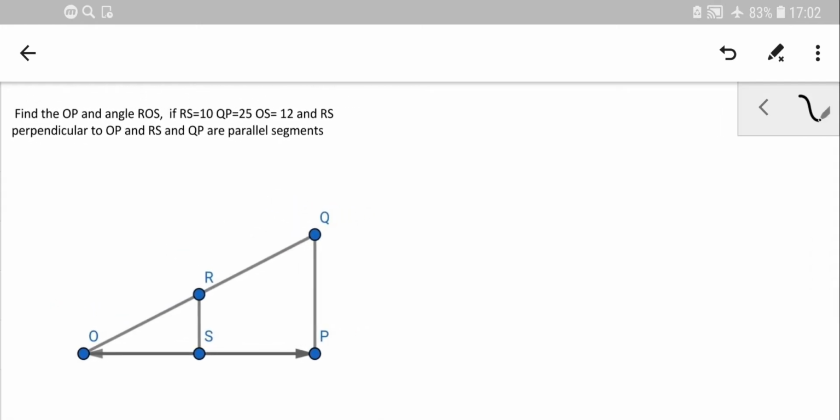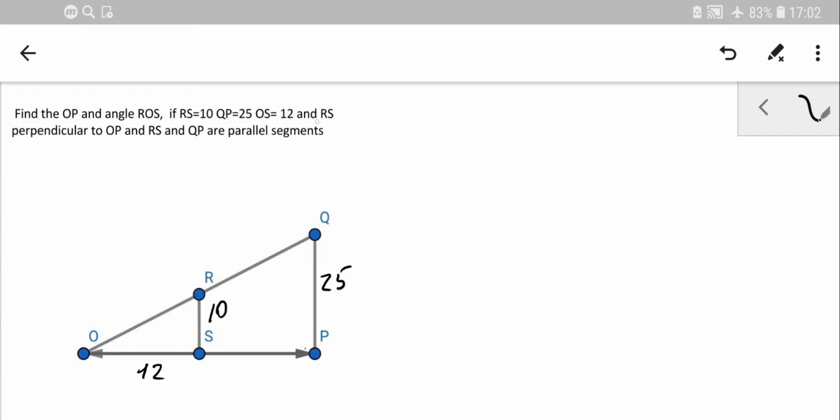Find OP and angle ROS. All right, let's try to do that. First, I mark what we know and what we don't know. So we need to find OP, which is marked with the arrow. We also know RS is 10, so we put 10 here. QP is 25, and we also know that OS, the small one, is 12.